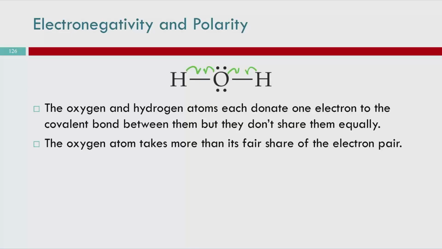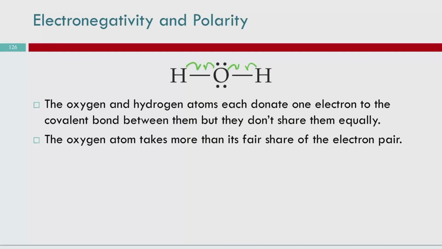However, that's almost never the case when sharing is occurring. And as it turns out, the oxygen takes more than its fair share of the electron pair. So what this means is the electrons in the OH bond are not split nice and evenly between the two of them. They live closer to the oxygen.